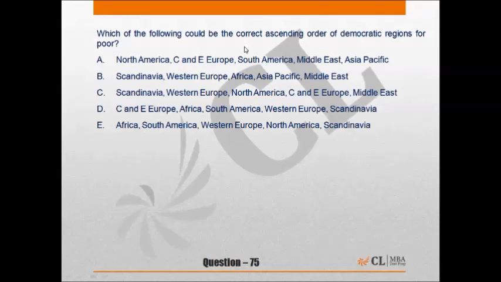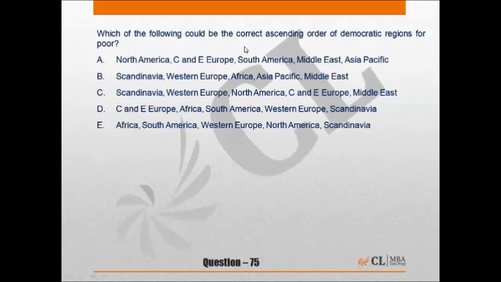If we observe the options closely, then we can see that in the first 3 options, Middle East is shown as more democratic for poor compared to other regions by at least 3 to 4 regions, which is not true, as we have already discussed.